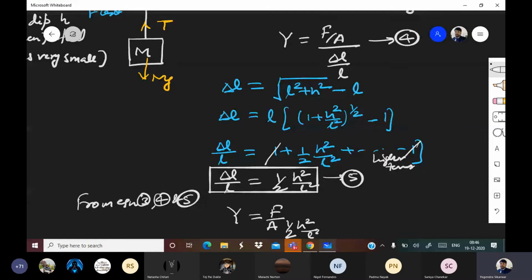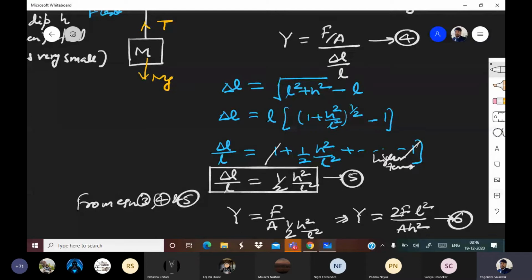So I can write it here, and this will be Y is equal to 2F L square upon A h square. Okay, this is equation, let's say, 6.